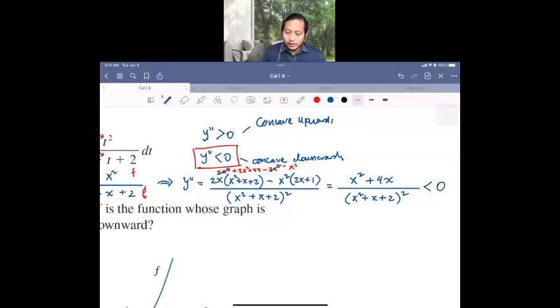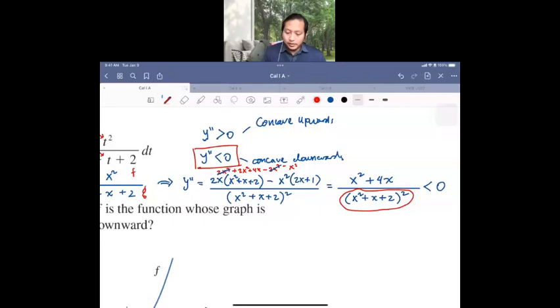So first, the bottom part here, do you agree that whatever numbers we are using, how large the number is, how negatively large the number is, it's always positive, right?